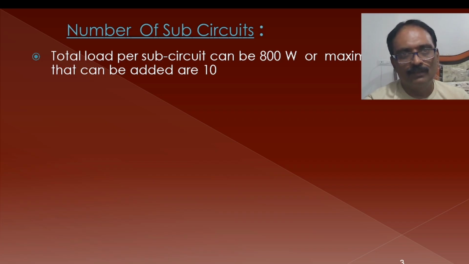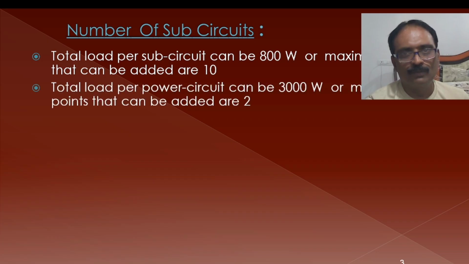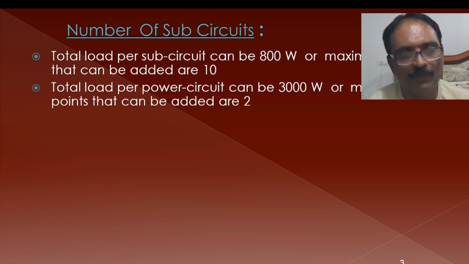So if the load is less than 800 watts or the number of points is less than 10, we consider only one sub-circuit for light loads. And for a power circuit, for 3000 watts or up to 2 points, we consider only one sub-circuit. If it increases, we have to go for a second one.